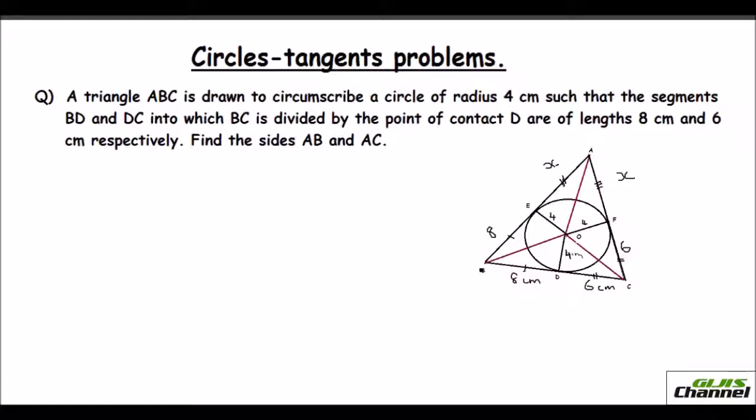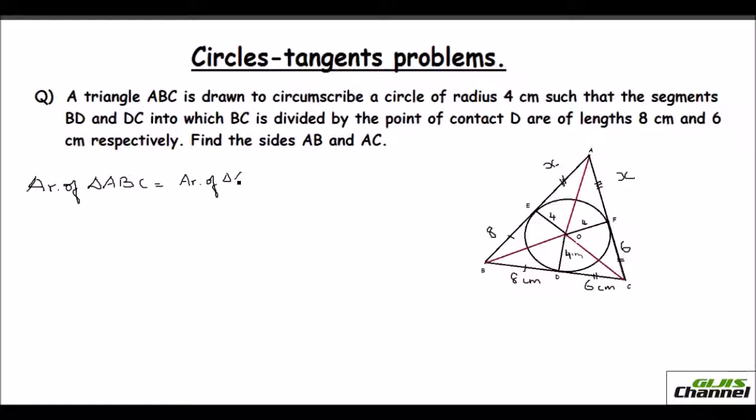For that, I use the area formula and I say area of triangle ABC will be equal to the sum of the areas of the 3 triangles you have divided it into.